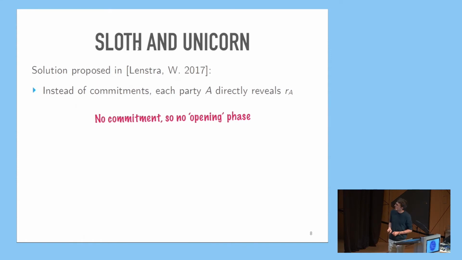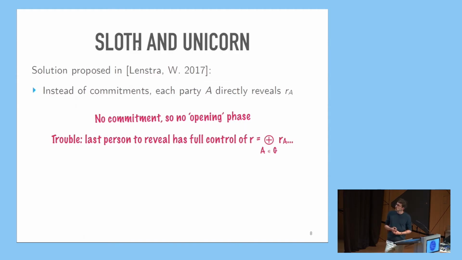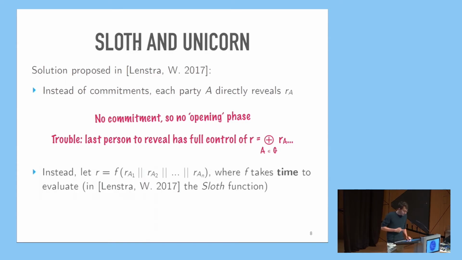But of course, this is trouble, because the last person to reveal now has full control of the output. If I know all the random strings of everyone, and I just have to decide my own at the end, I can fully determine the output R by choosing the correct random string. We can prevent this by, instead of using the XOR of all the values, concatenating all these random strings and feeding them to a function f that takes time to evaluate.